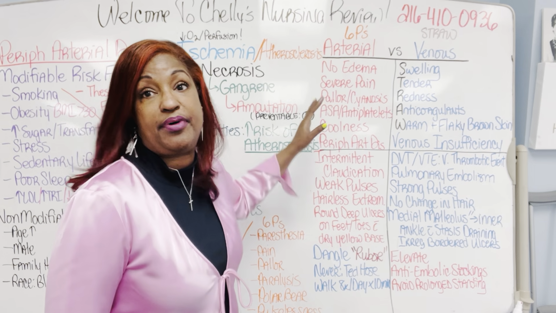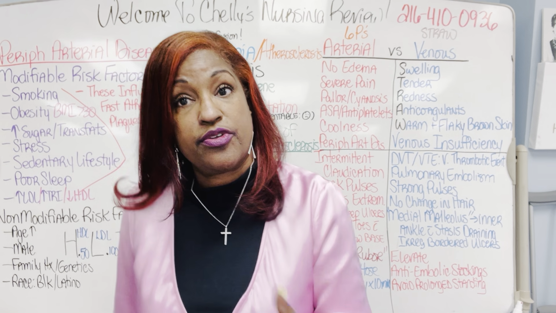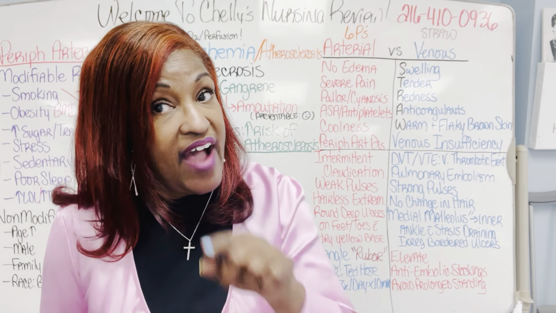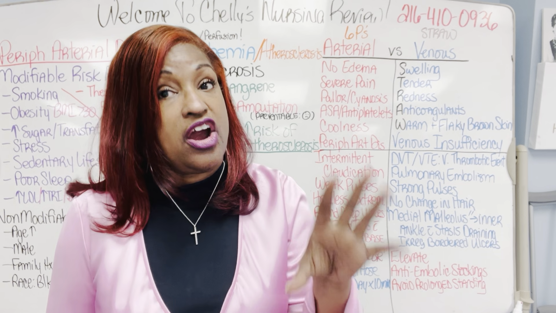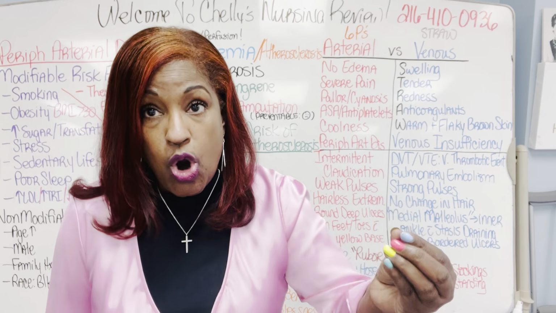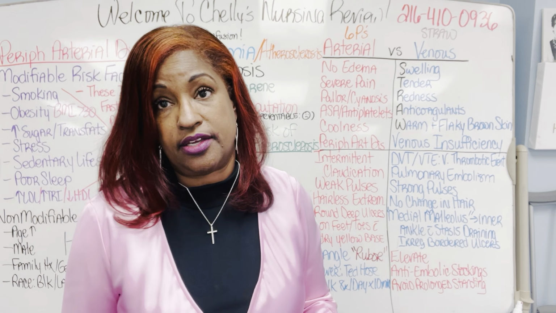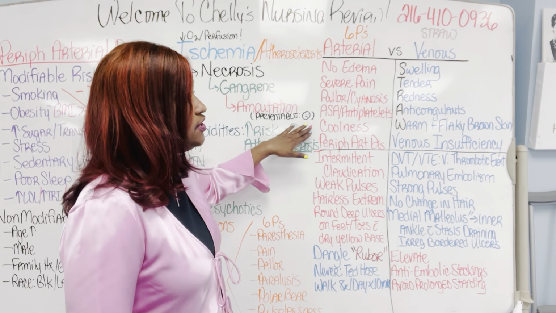Their capillary refill, and remember the difference, is less than 3 seconds in an adult, but less than 5 seconds in the elderly. Their capillary refill will be poor, which means it'll be way greater than 3 to 5 seconds. Okay, so that's the arterial side.